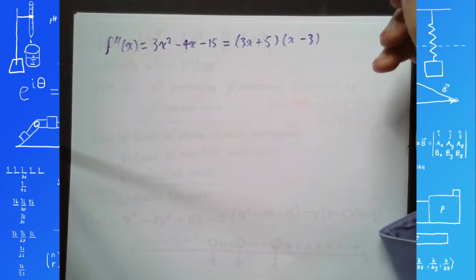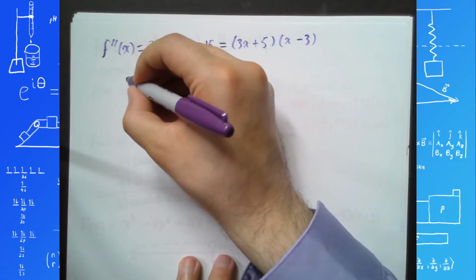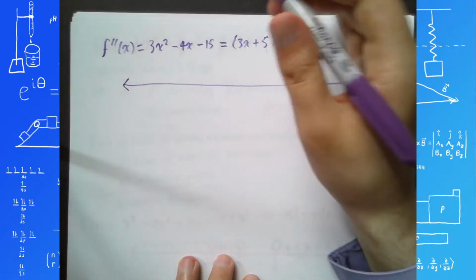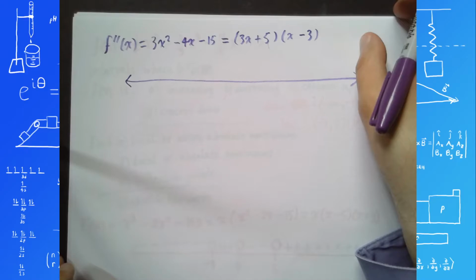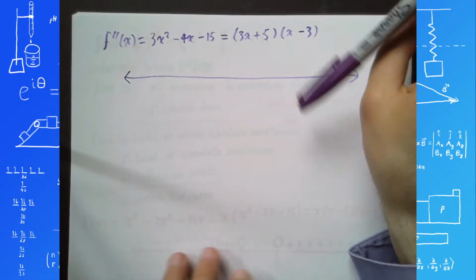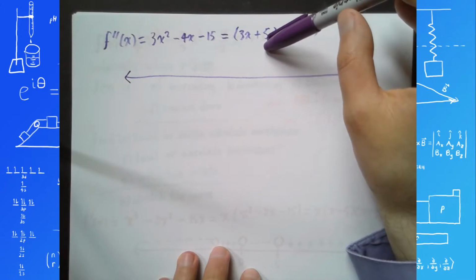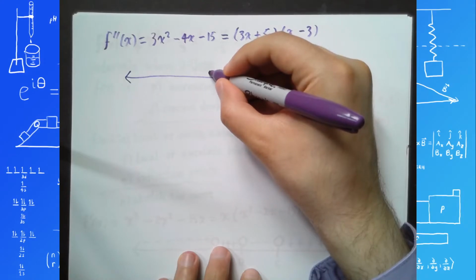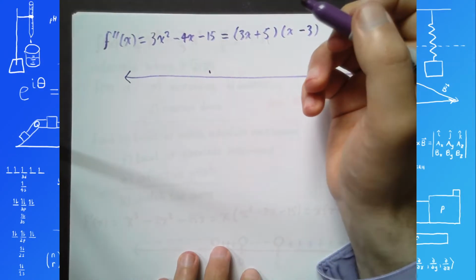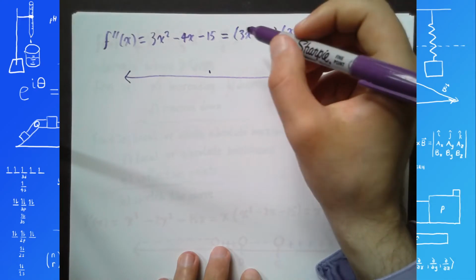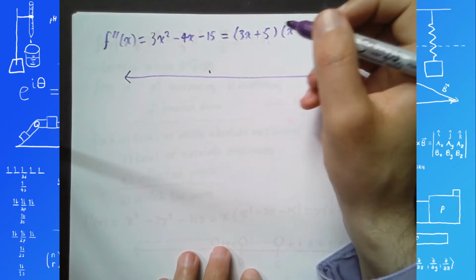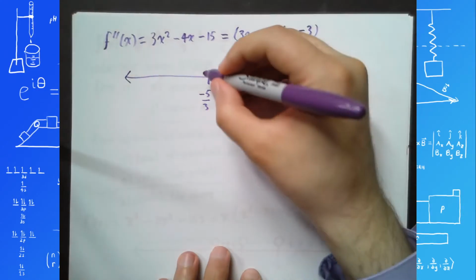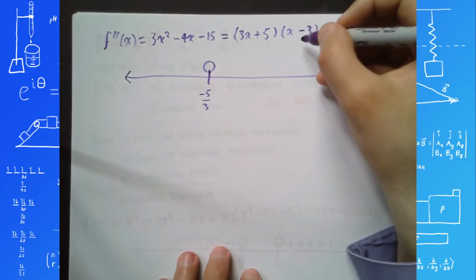So then, for our number line of f double prime of x, where are the zeros or points where the second derivative doesn't exist? Well, the second derivative doesn't have any points where it doesn't exist, so all we have are zeros, and we don't have any endpoints because it was on an open interval. 3x plus 5, so that would give us -5/3 is one of the zeros, and then x minus 3.